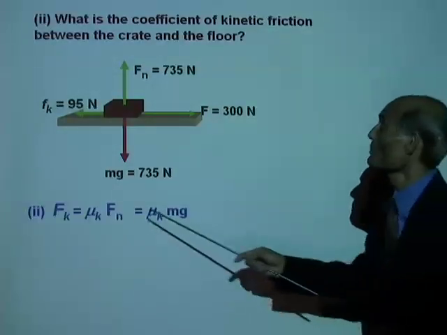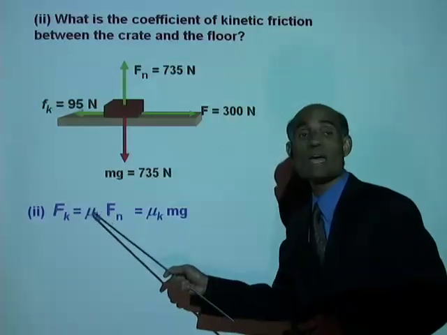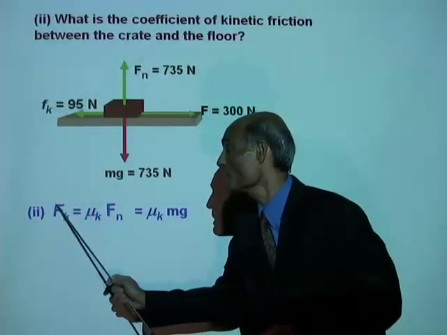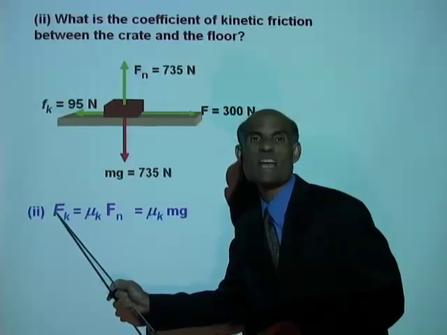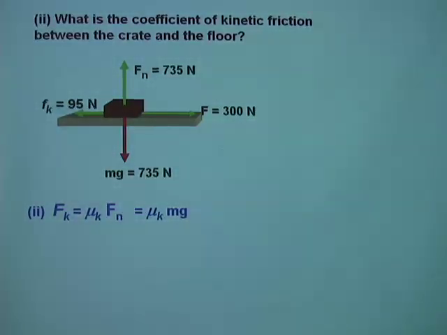And so we can now write Fk equal to mu k Fn. I have inadvertently used the uppercase F here. It's supposed to be the lowercase f. So the force of kinetic friction, lowercase fk. So make that change there.